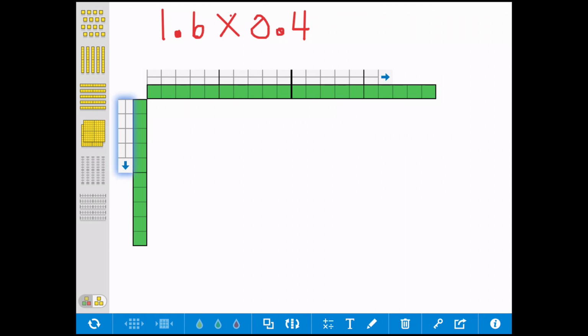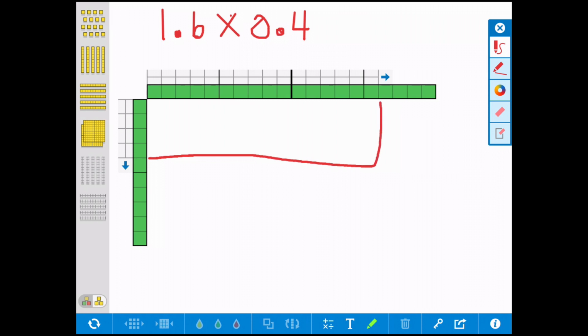There we are. There's our 0.4. So what we're trying to do is figure out what this rectangle is going to look like. That is 0.4, all the way over here, all the way up here, all the way over. And so we're trying to figure out the size of that rectangle.